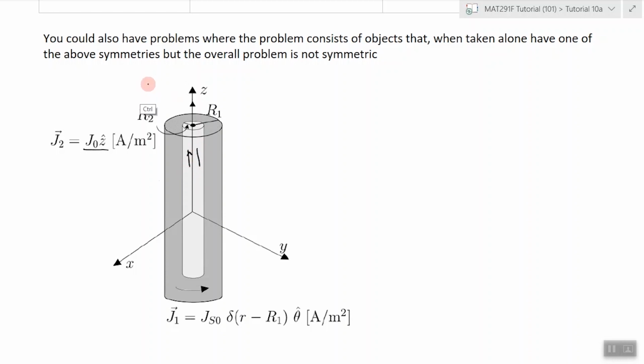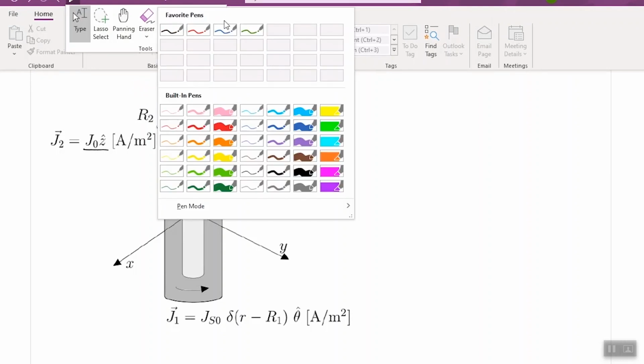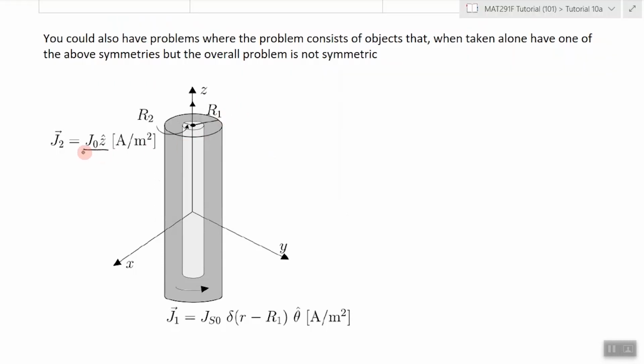Actually, let me draw it with colors so that you can see which field is produced by what. Maybe I'll choose brown for this guy. So this is the current. And the field produced is in this direction.